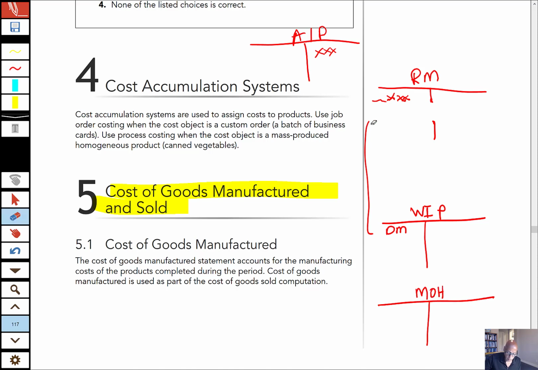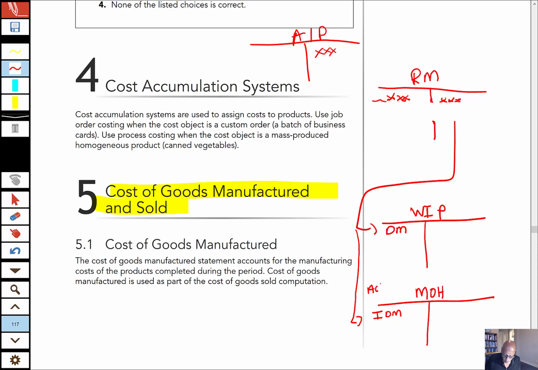Okay, so let me try to be a little more careful here. In other words, we will have a credit to raw materials as we use those. If it's a direct material, it goes to work in process. If it's indirect material, I'll abbreviate that IDM, it'll go to my manufacturing overhead.